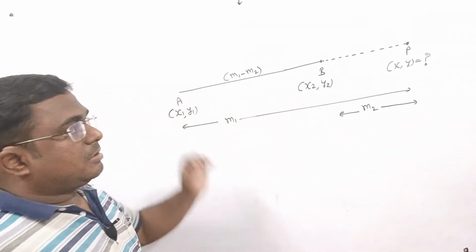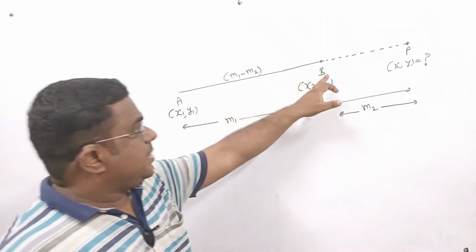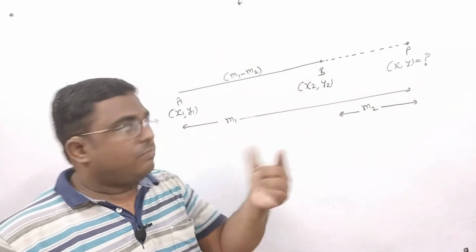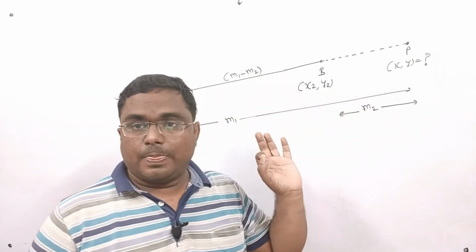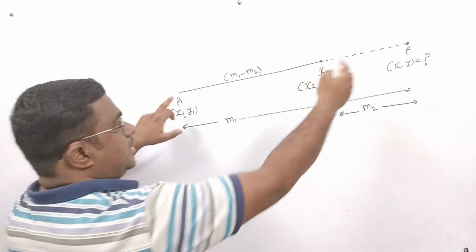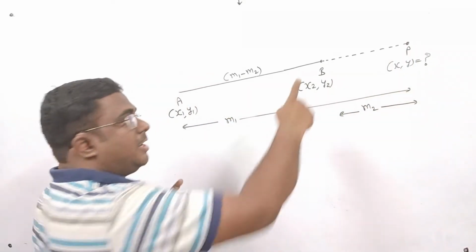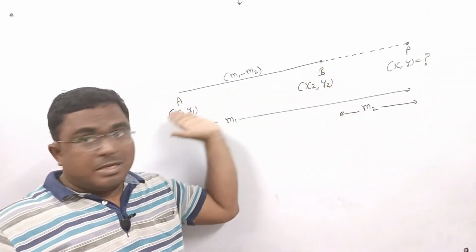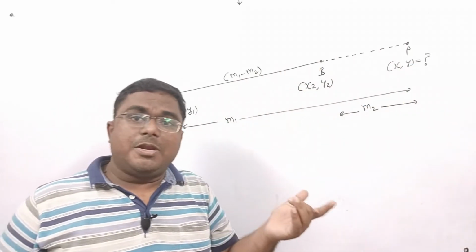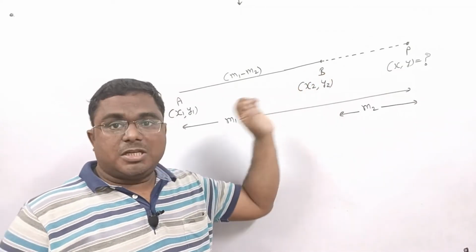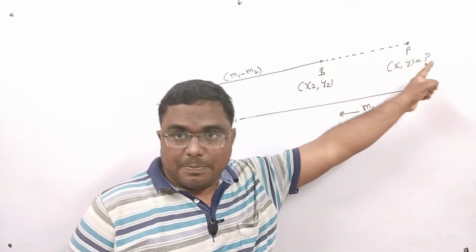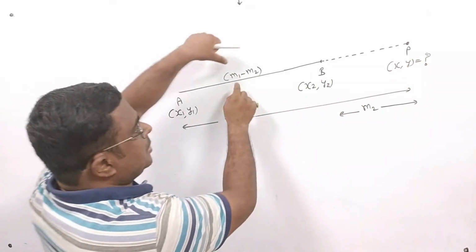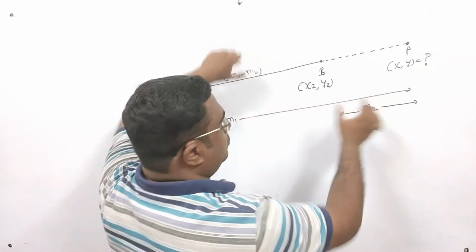Consider that point B is dividing AP in internal ratio of M1 minus M2 ratio M2. Let me repeat. If I say that A and P are the main points and B is the dividing point, and since point B is lying inside AP, it means point B is dividing the line segment AP in internal ratio. That ratio is M1 minus M2 and M2.